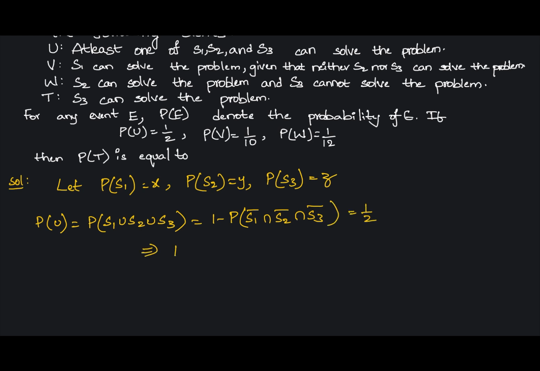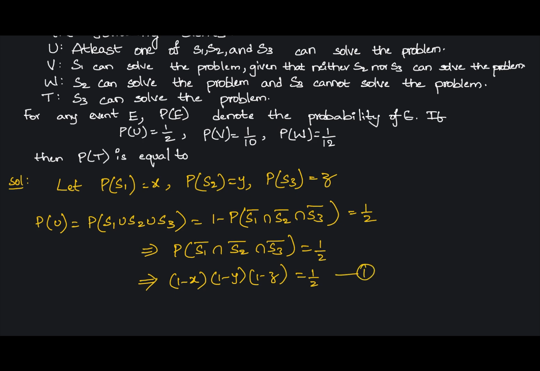It implies that probability of S1 bar intersection S2 bar intersection S3 bar equals 1 minus 1 by 2, which is equal to 1 by 2. It can also be represented as 1 minus x multiplied by 1 minus y multiplied by 1 minus z equal to 1 by 2, and we give this equation number 1.